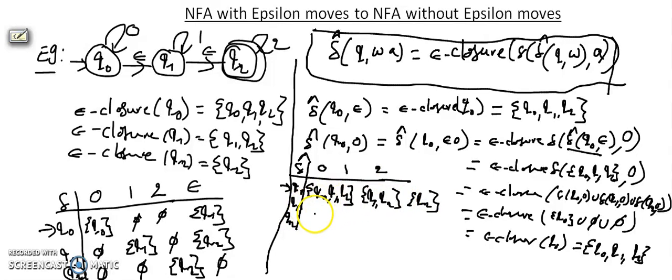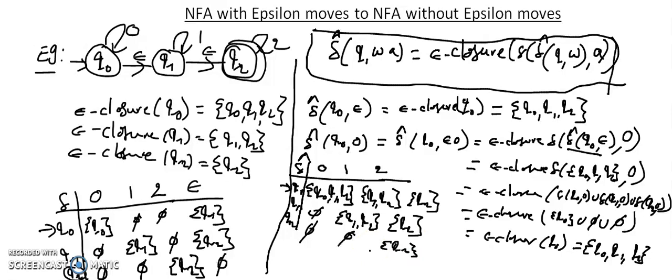Next Q1 with 0, phi, Q1 with 1, Q1, Q2, and Q1 with 2, Q2 only. Next Q2 with 0, phi, Q2 with 1, phi, Q2 with 2, Q2 only. So this is the final state table for NFA without epsilon moves.